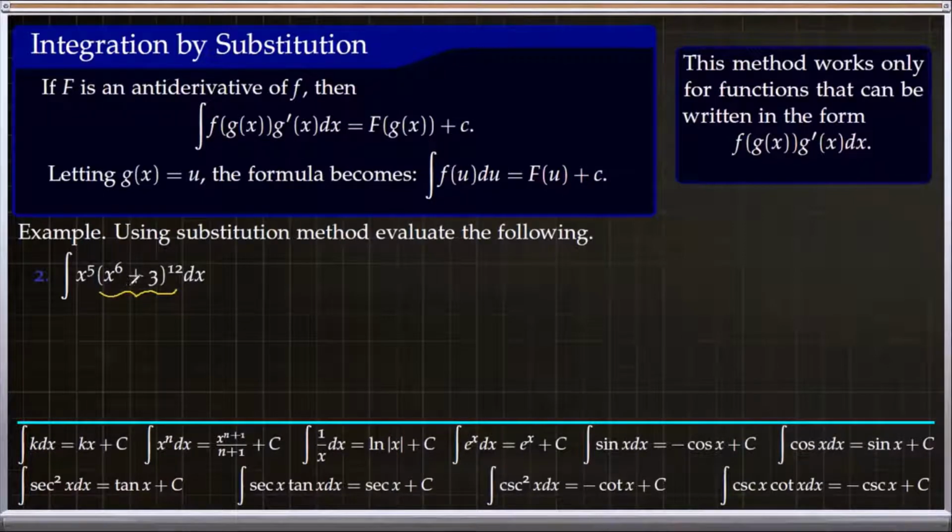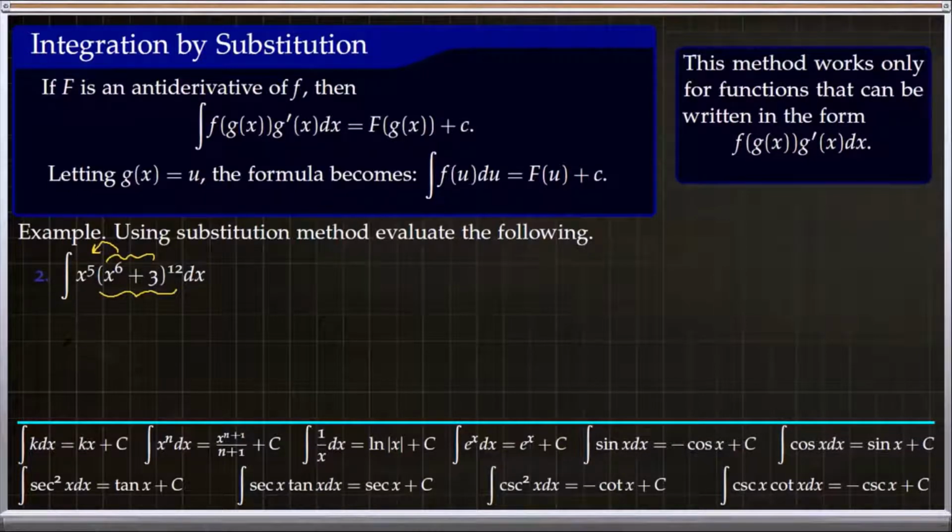And to determine if we can apply integration by substitution, we try to see if the derivative of inside is there in the front. Just by looking at it, derivative of x to 6 plus 3 is actually 6x to 5, but we have just x to 5. So it's off by a constant multiple, but a constant multiple we can always move around.